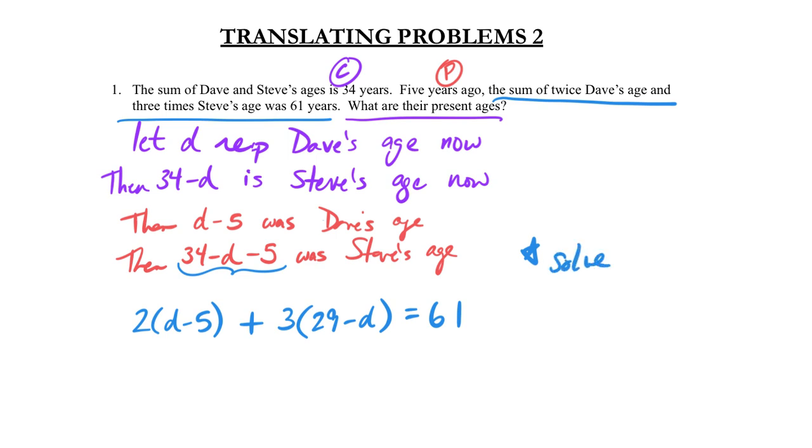I notice it's going to be a linear equation because when I do expand, I'm going to have d's. I will be able to collect all of my variables into one variable term. So when I solve, I'm going to look to isolate. There we go. Okay. Hopefully that gives you a bit of a walkthrough dealing with some ages, and you would feel comfortable to try some of those problems on your own.